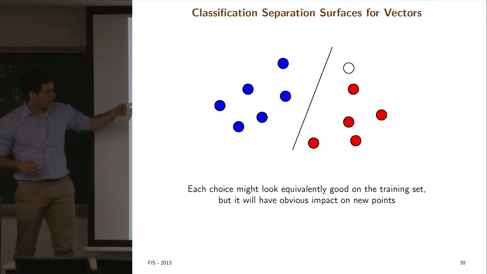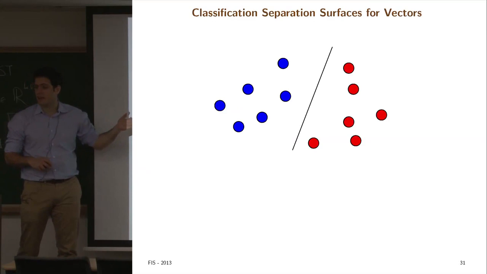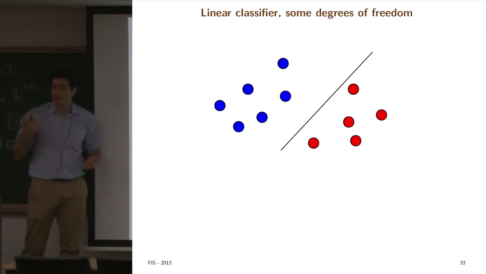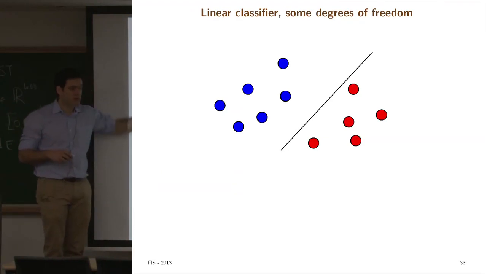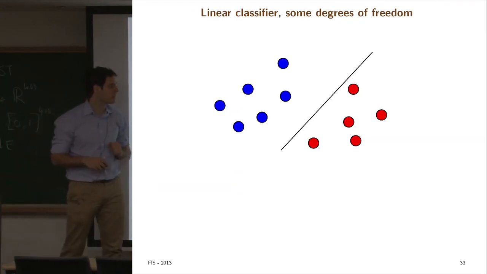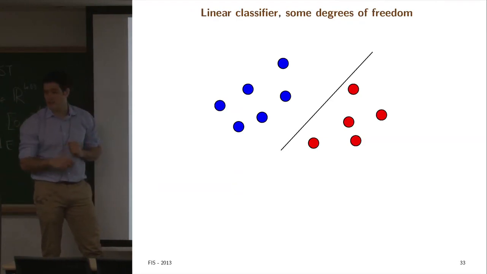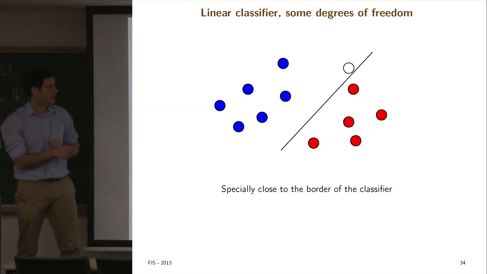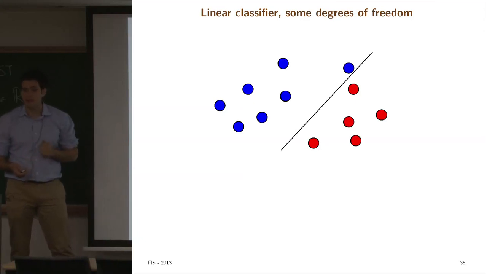After you have chosen that line, if I have a point here that appears in this area, and my choice for the classifier was this line, then this will be classified as a red. If I had a different idea of what was a good hyperplane, I might have selected this line, and this would have had consequences, because this very same point would have been classified as a blue this time.